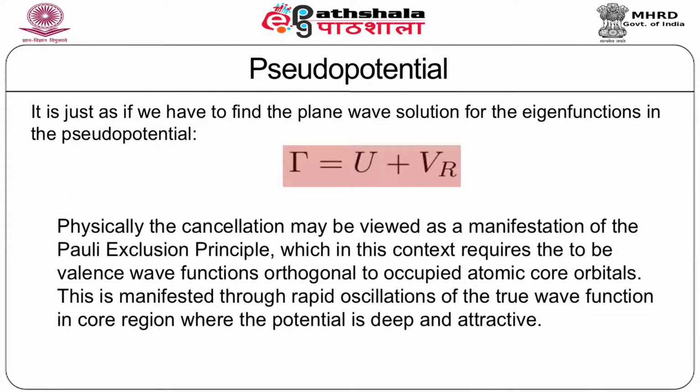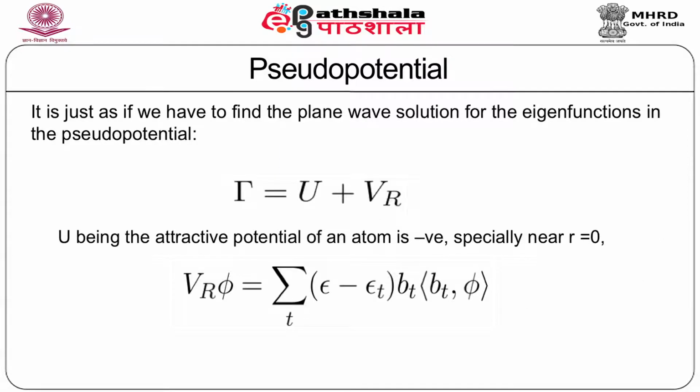Physically, the cancellation may be viewed as the manifestation of the Pauli exclusion principle, which in this context requires the valence wave functions to be orthogonal to the occupied atomic core orbitals. This is manifested through rapid oscillations of the true wave function in the core region, as shown in the figure, where the potential is deep and attractive.